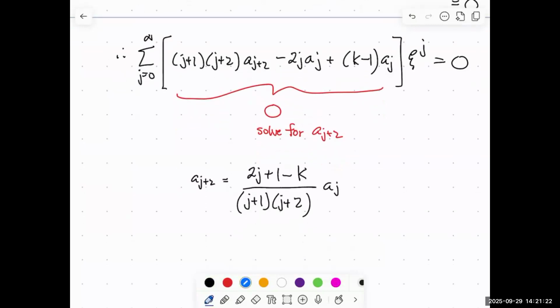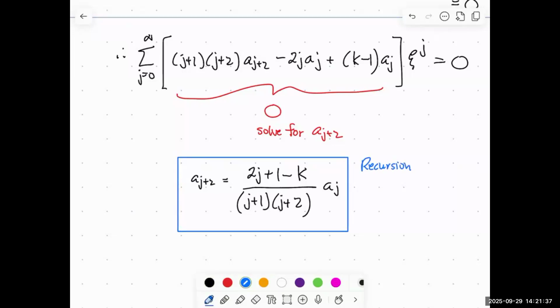This is our recursion relation for the coefficients in our h, the power series in z. So this is our recursion formula for the expansion coefficients. The expansion coefficients are just the a_j.